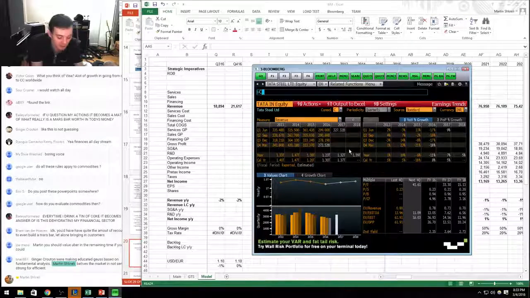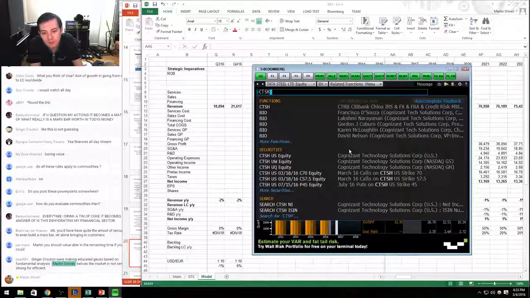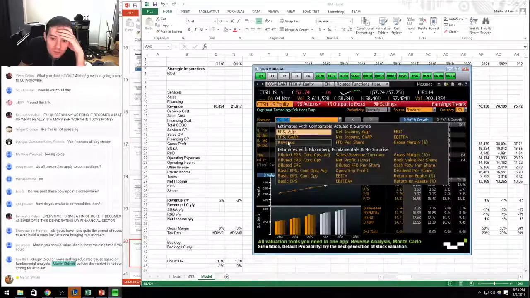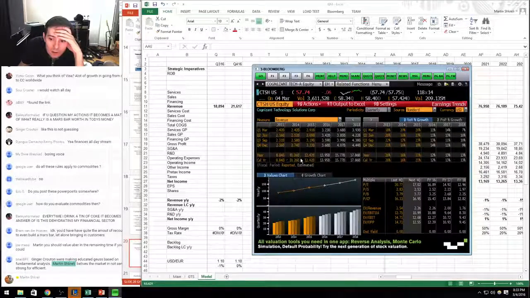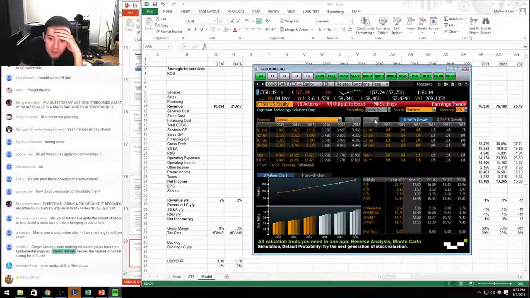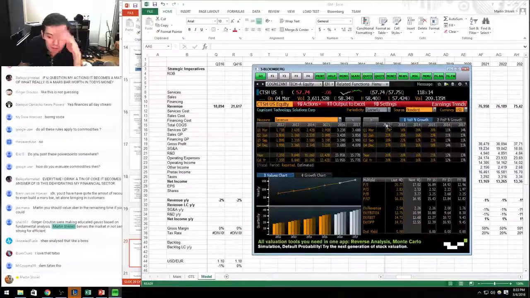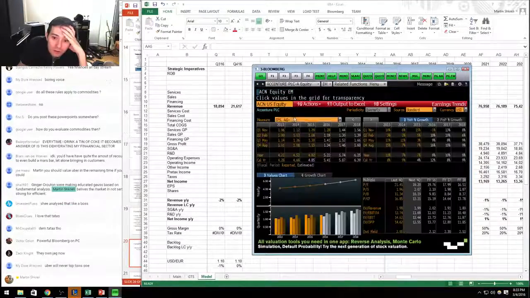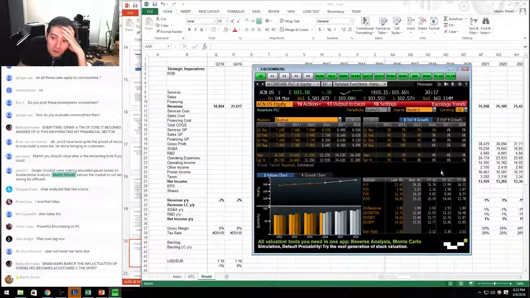How about Cognizant? Cognizant is a big competitor of theirs. Yeah, Cognizant's growing. Cognizant's doing fine. Cognizant's kicking butt. How about Accenture? Accenture's not really growing much, but they're growing a little bit.